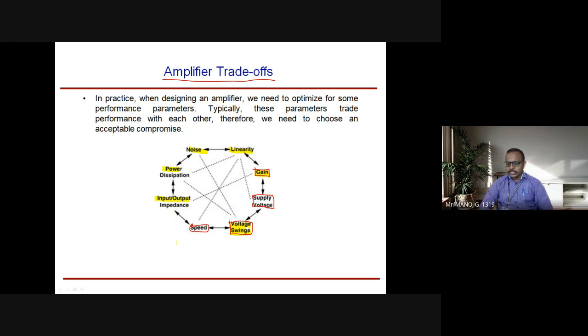If you're a design engineer, you tell me that I've got a greater gain, automatically the linearity is going to decrease. And also the input-output impedance is going to affect the input-output. If you tell me that my supply voltage is less, my linearity is going to be affected. If you tell me my voltage swing is higher, noise is going to increase.